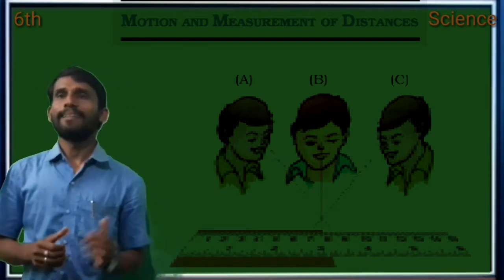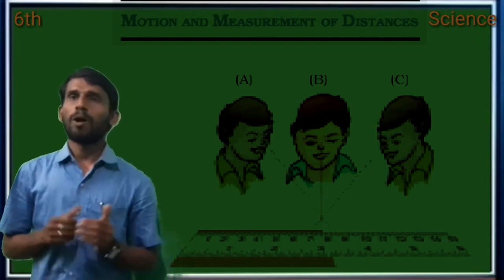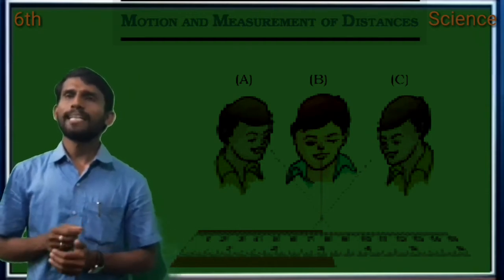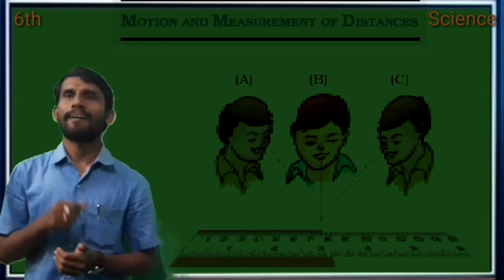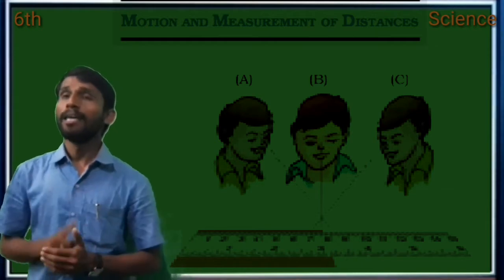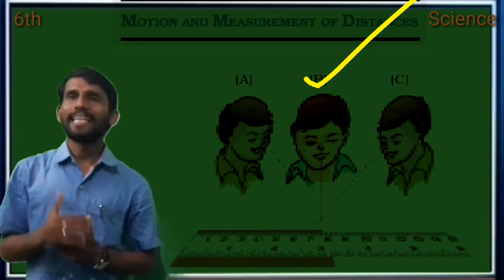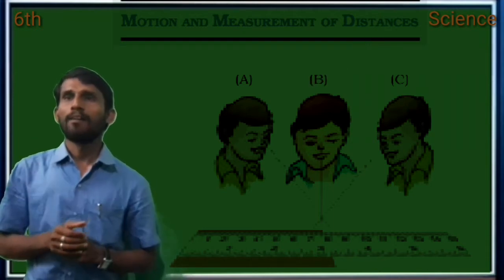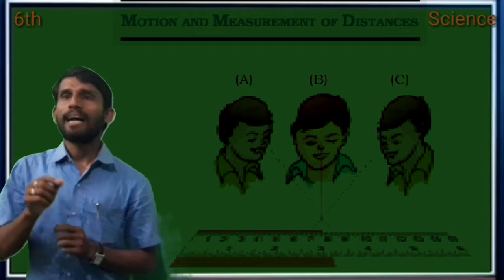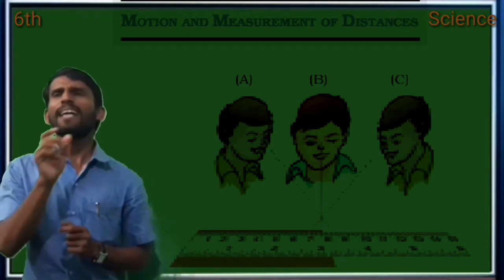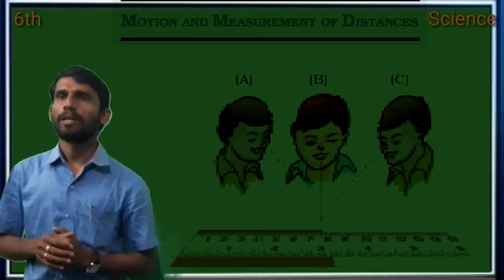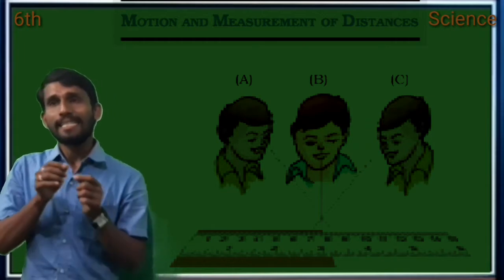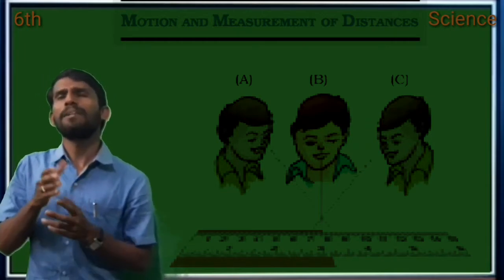Dear friend, see this picture here. You observe this picture. Here position B is the correct position of the eye. If you are measuring the length, you should look from position B. From position B, the reading is 7.5 centimeter. From position A and C, the reading may be different.